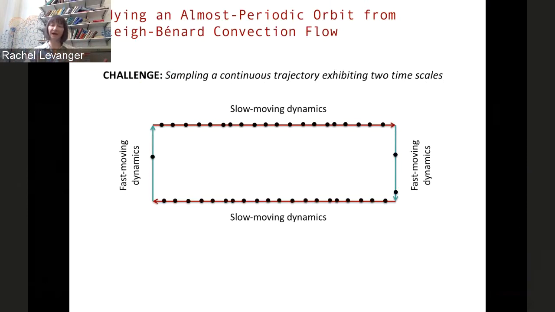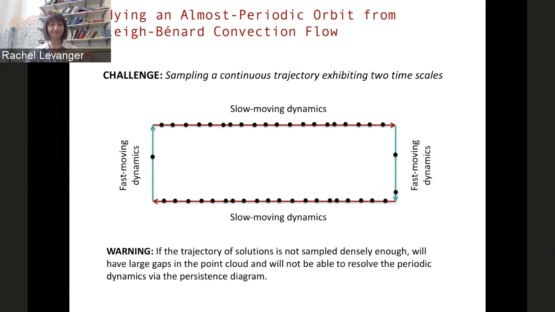And then once you're back on the slow dynamics, you'll pick up lots of points. And then again, you might not pick up anything in the fast moving dynamics. And so that's exactly what was going on, and we could see that as evidenced by the discontinuous bottleneck speed profile.